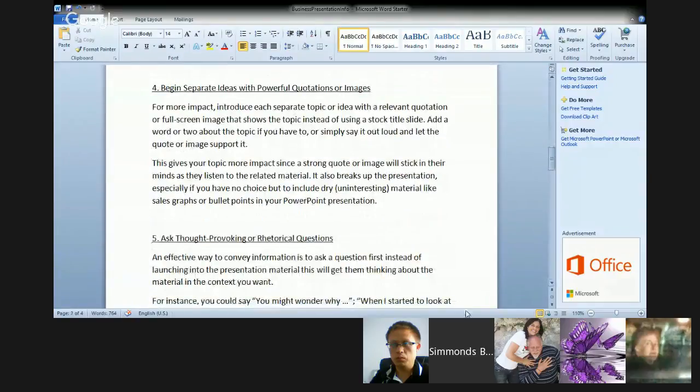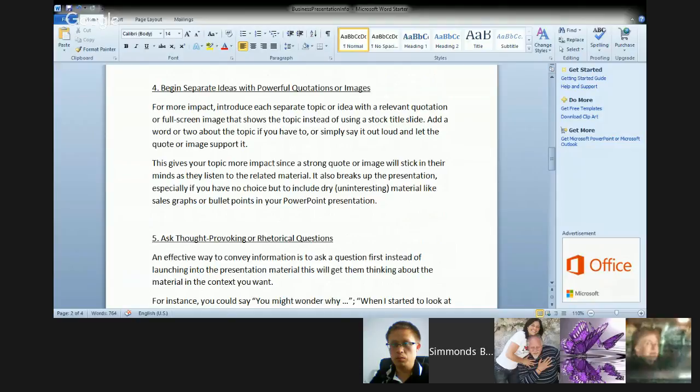Okay. Great. Begin separate ideas with powerful quotations or images. For more impact, introduce each separate topic or idea with a relevant quotation or full-screen image that shows the topic instead of using a stock title slide. Add a word or two about the topic if you have to, or simply say it out loud and let the quote or message support it.